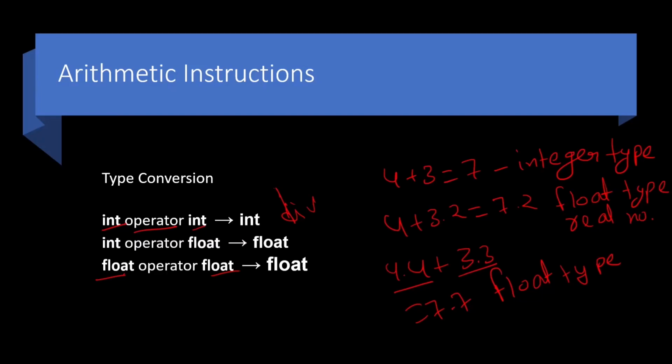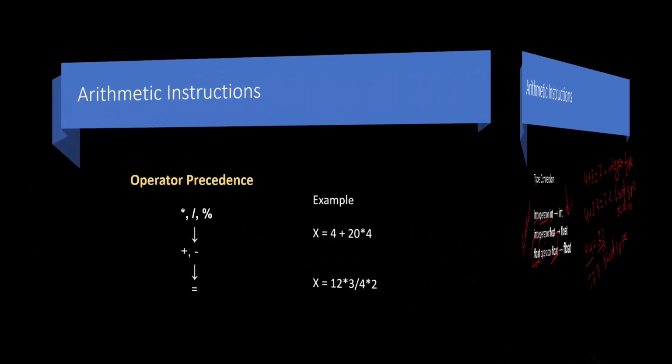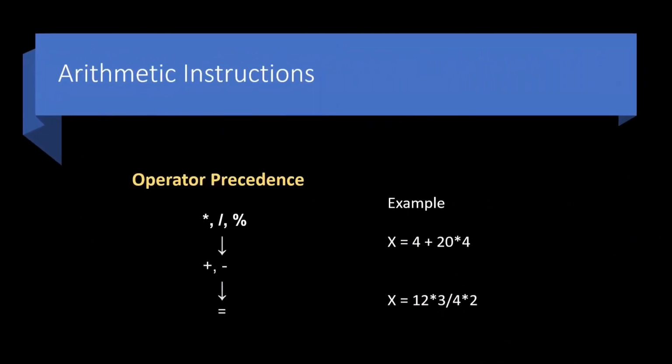And similarly, if you add a float number to an integer, then it will give you only the float value, or maybe it will give you an error. That's why make sure you are not doing this type of thing. And when we use float data type, then we can add float with float, and we can also add integer values also. Okay, now let's talk about the operator precedence.